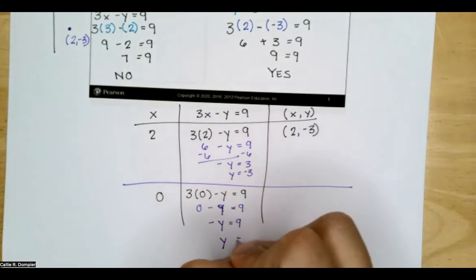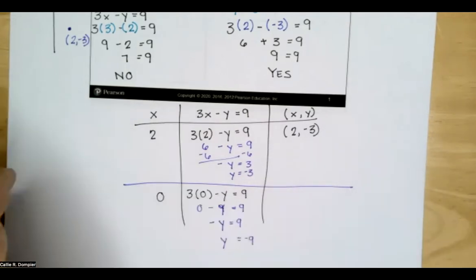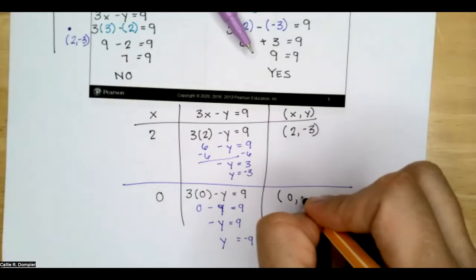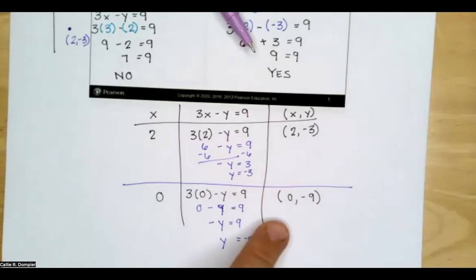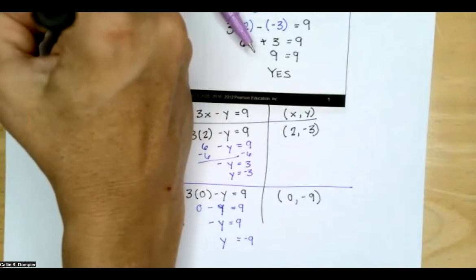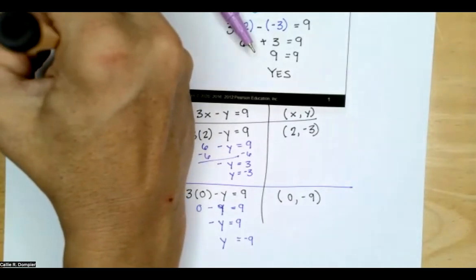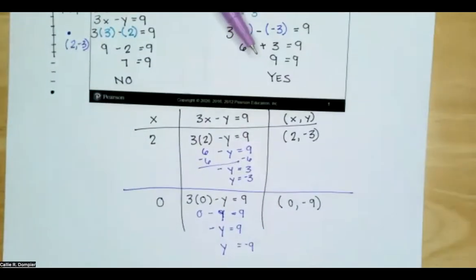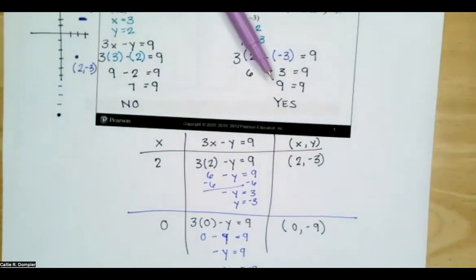So y is going to equal -9. So this is the point 0, -9. So now I have two points, and I can graph that line.